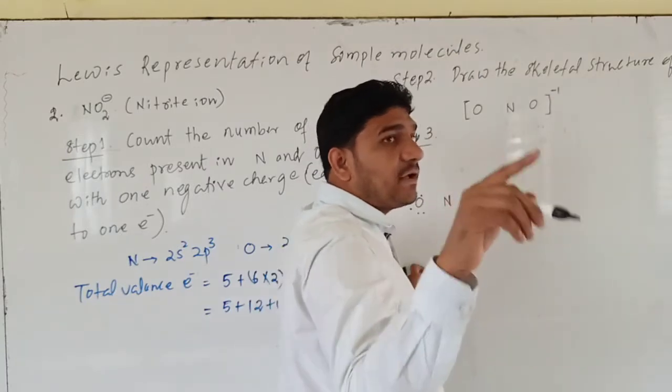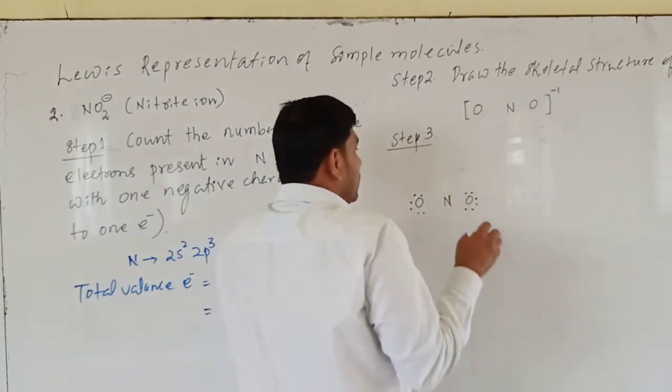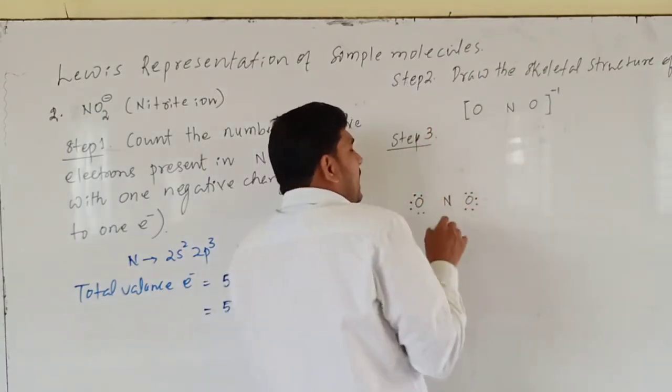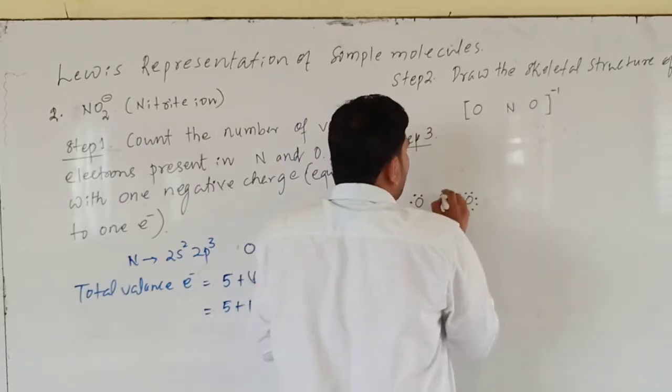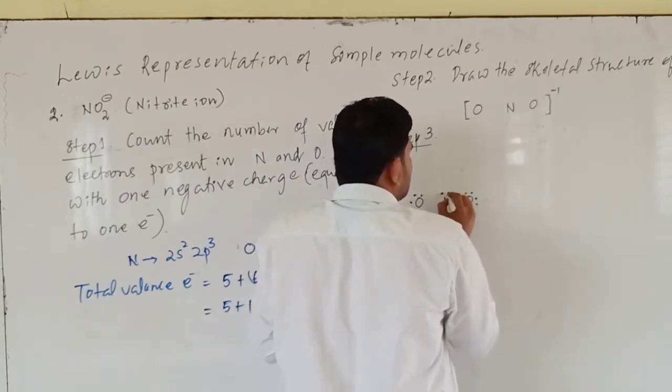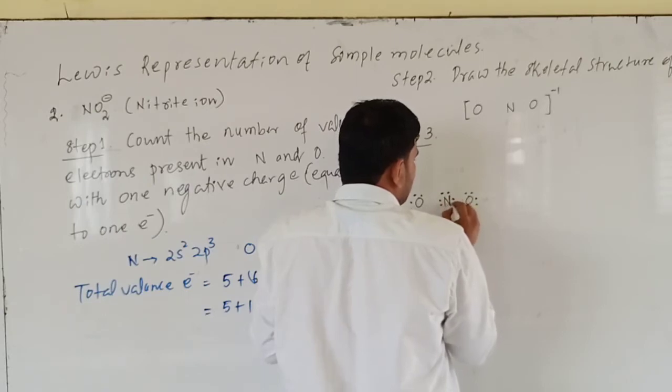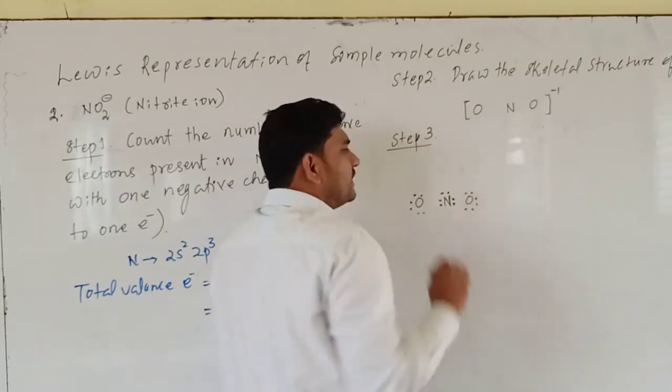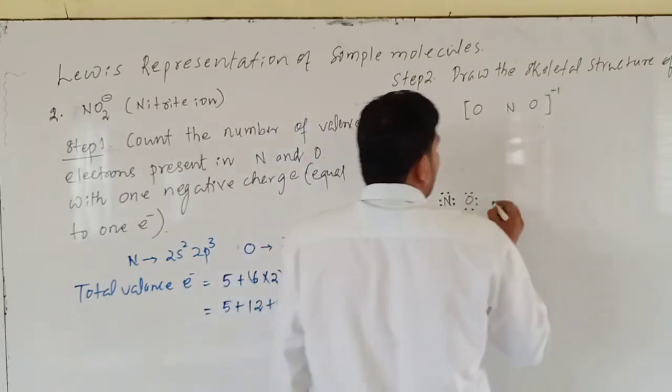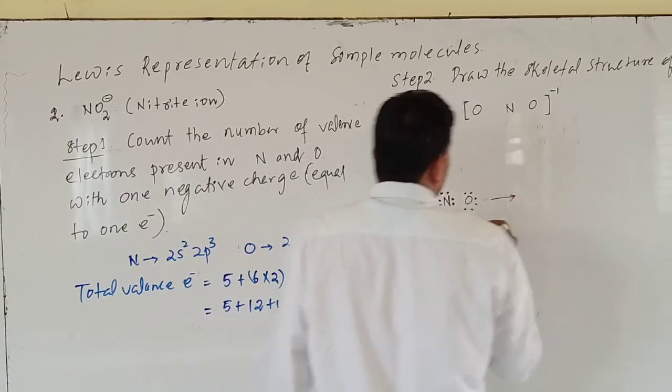That extra electron should be placed on the central atom, so nitrogen also has 6.